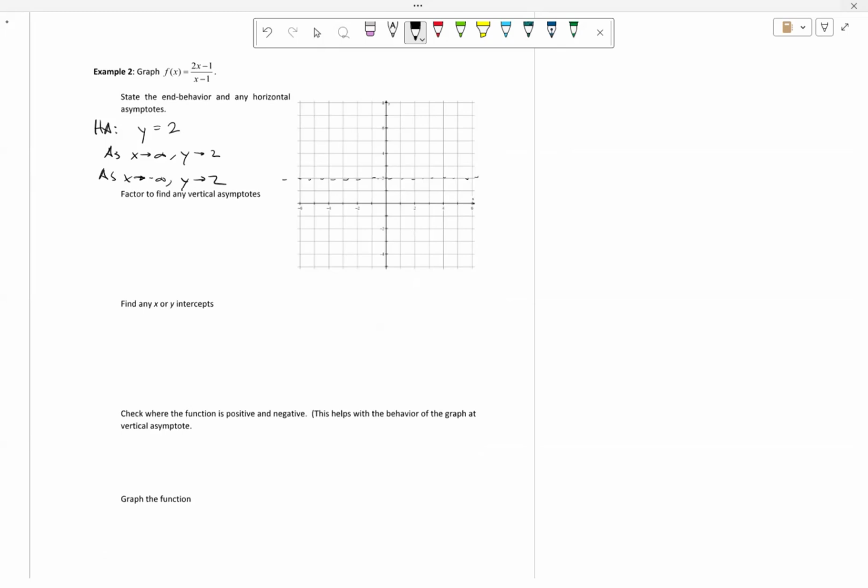Okay, I think if you're setting X equal to 0, then you are finding a Y-intercept. Right, that's when X is equal to 0. So you're on the right track, but not for vertical asymptotes. So Y-intercept, X is equal to 0, and in that case we have 0, comma, -1.